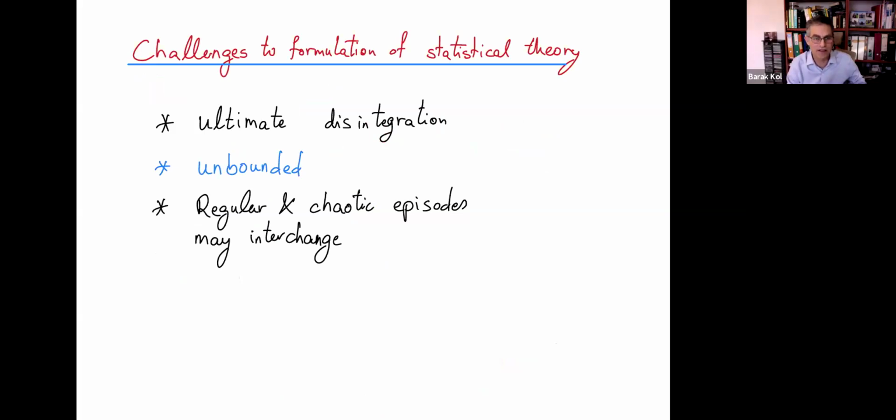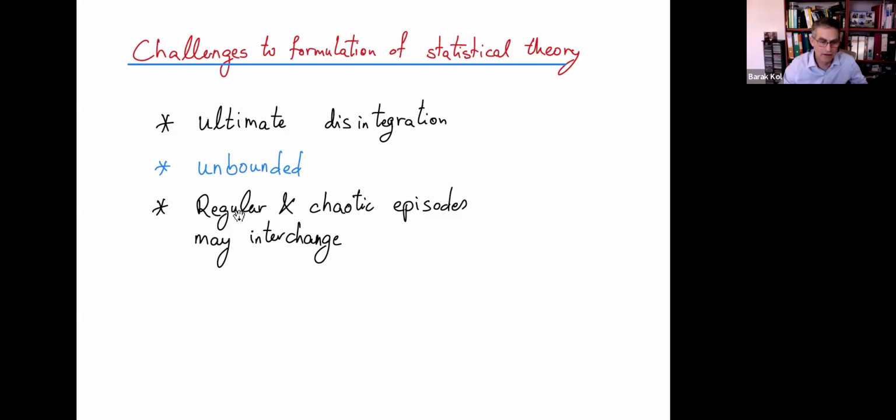Now, building these statistical theories is somewhat challenging. It's unlike the standard statistical theories that we learn in our courses on statistical mechanics, because this system ends ultimately in disintegration. It is unbounded. It's not inside any box.